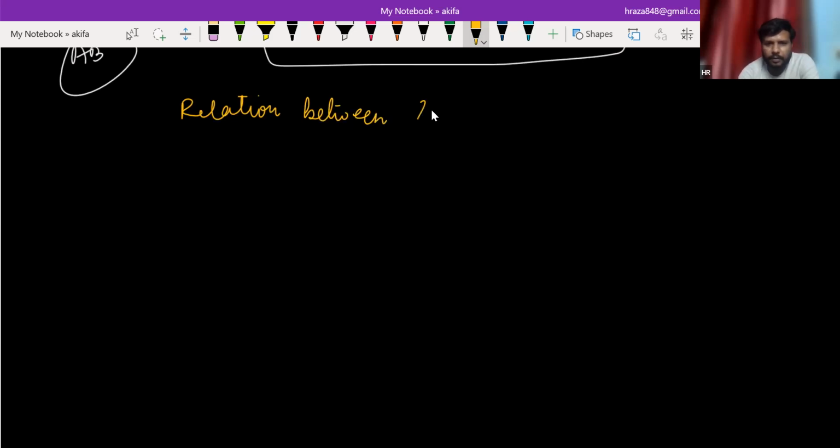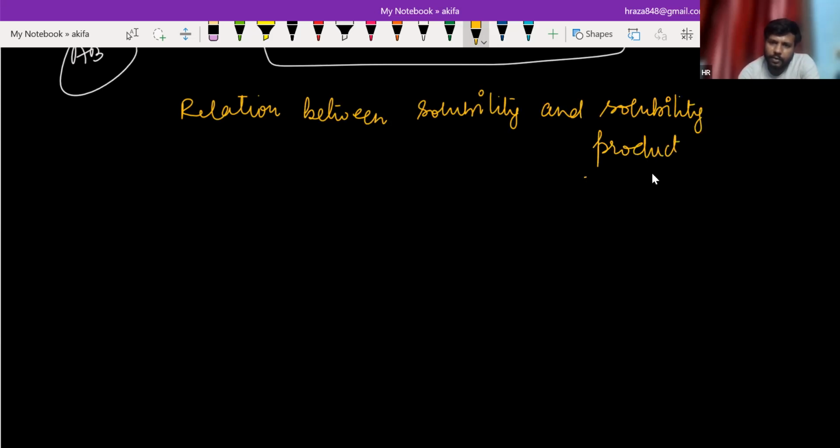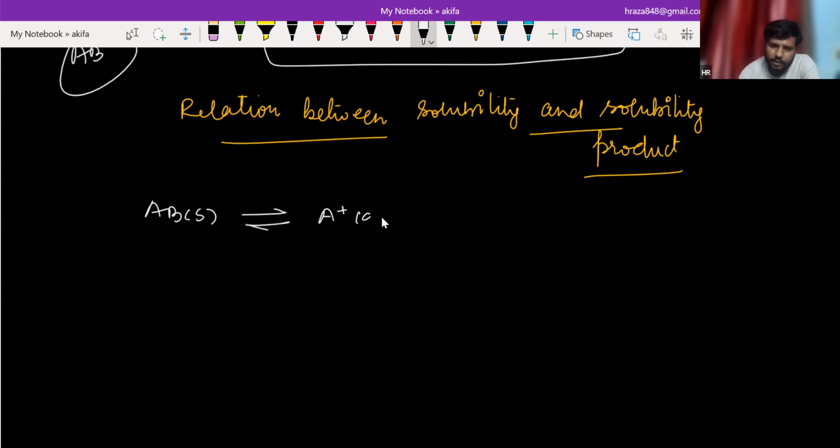Relation between solubility and solubility product. See, AB is in solid state, and if it is dissociated into dissolved ions, that is A plus and B minus.